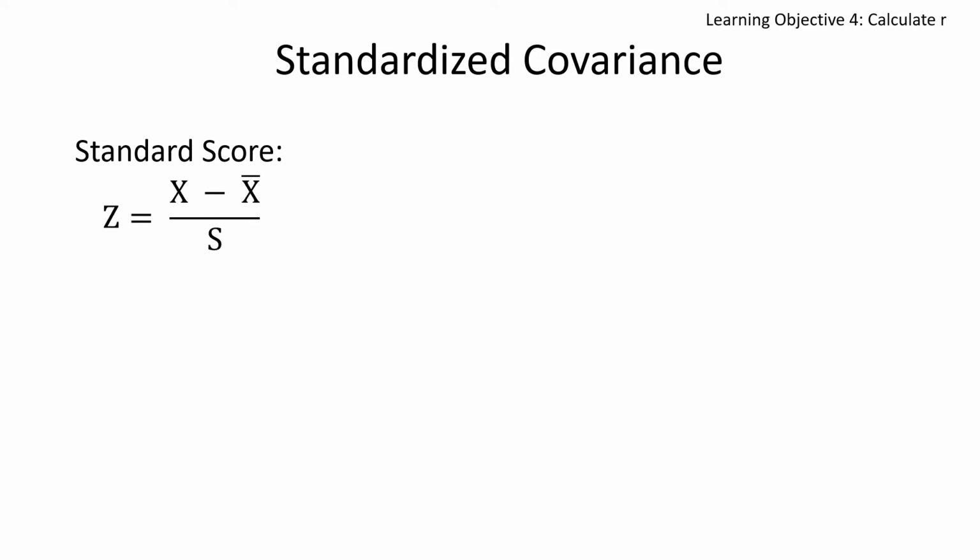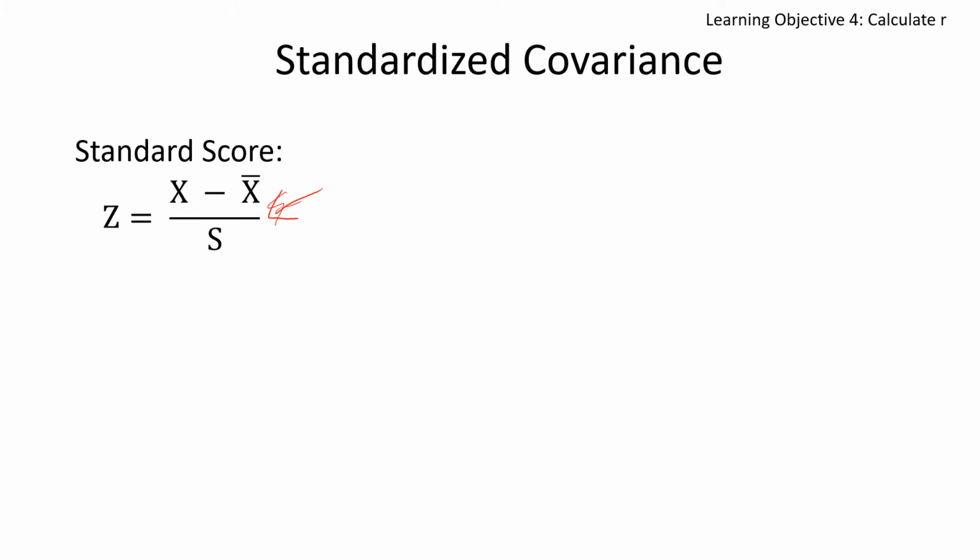So instead of taking the square root of it like we did with the variance to get the standard deviation, we're going to do something similar to what we did when we got a z-score. You recall z-scores were the raw score minus the mean divided by the standard deviation. The important thing there is that it's divided by the standard deviation.